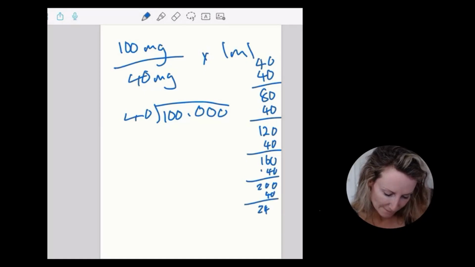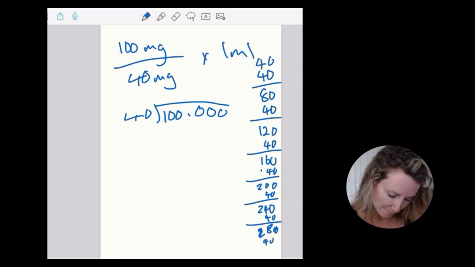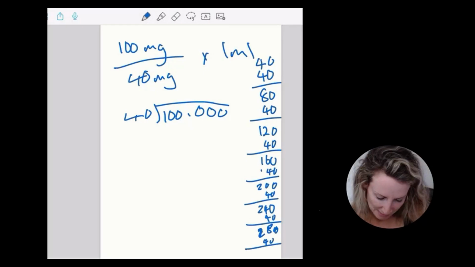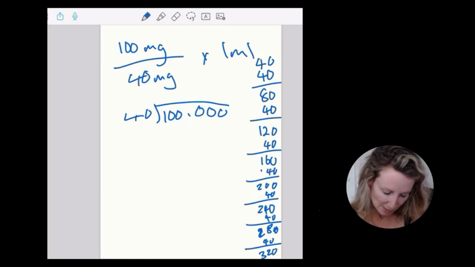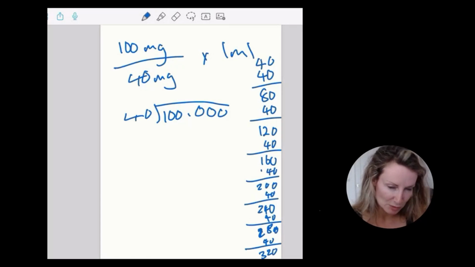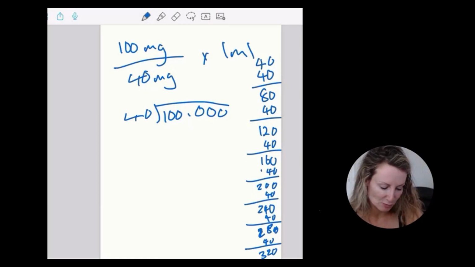It's 240. And the 40 is 280. And the 40 is 320. That should be enough, because you probably don't need as many of these, just in case.